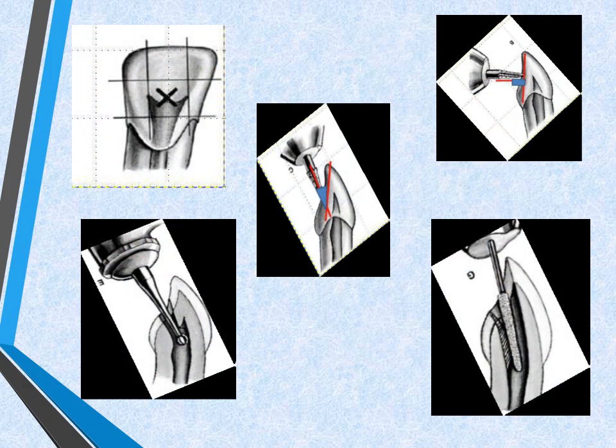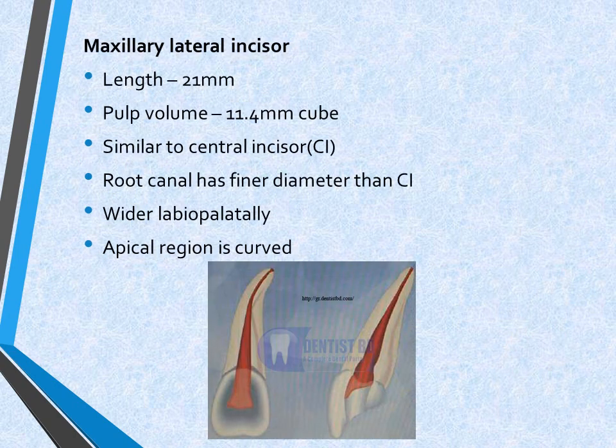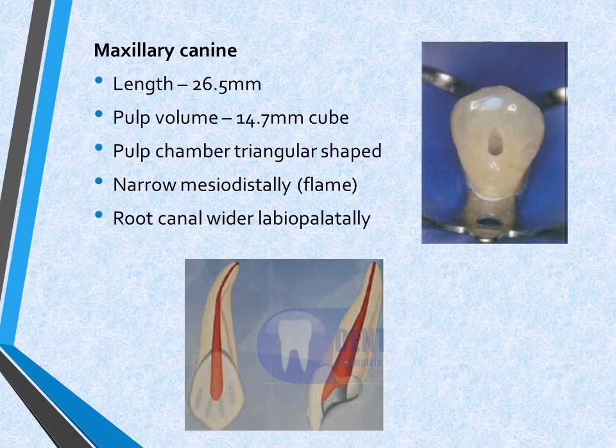Now coming to the access opening for your maxillary central incisors, it is going to be roughly triangular, like was discussed in the previous slides, where the base of the triangle is facing the incisal third and the apex is facing the cervical third. When it comes to the canine, it almost reverses.